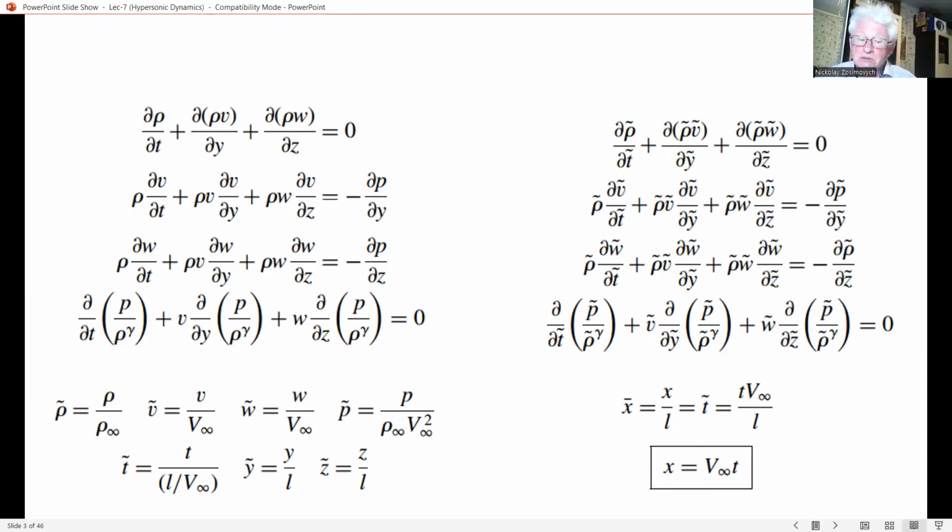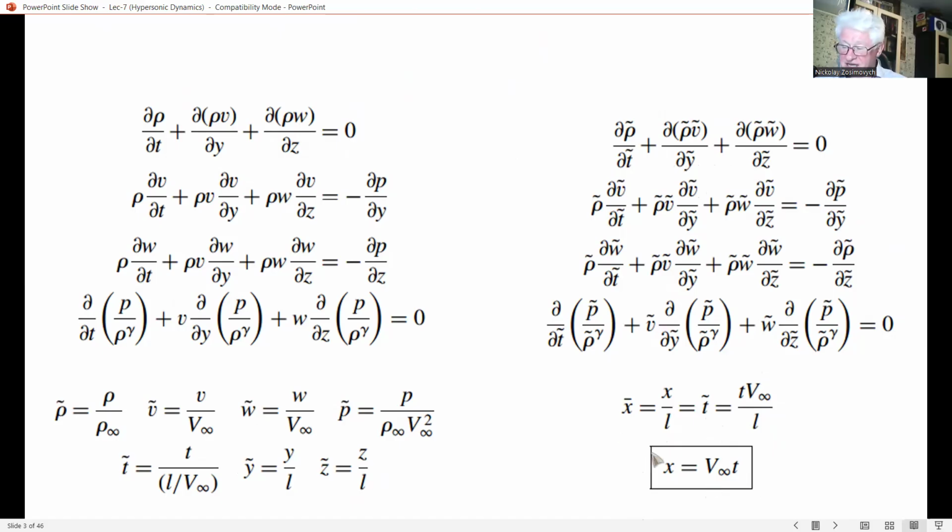Furthermore, examining these two sets of equations, left and right side, note that the symbols x tilde and t tilde are equivalent, where x tilde is x over L, and t tilde is t times V infinity over L. Thus, from this we can get the bottom one, x proportional to V infinity times t.